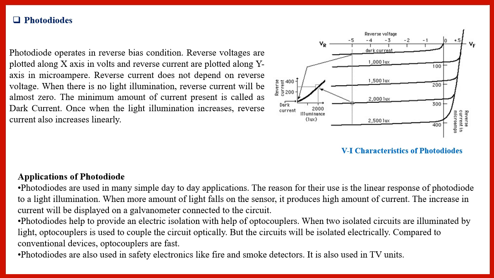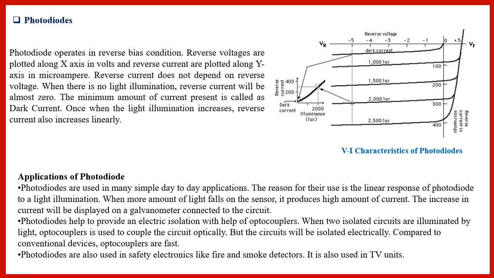But when the diode is illuminated, the reverse current keeps on increasing, as can be shown in this particular figure. So reverse current is increasing rapidly. Here we can see how the current increases when intensities of 1000 lux, 1500 lux, 2000 lux and 2500 lux are applied on a diode.